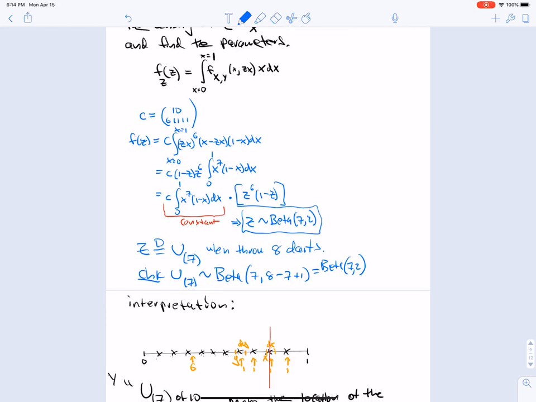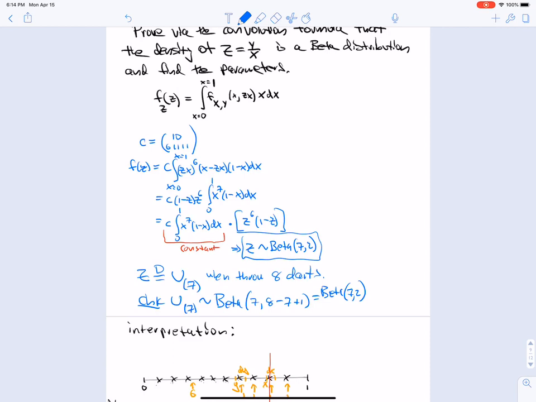We simply use our convolution formula, and we pull out the constant, pull out all the x's, and what we get is a constant times z to the 6 times (1 minus z), which we recognize as the variable part of a beta 7, 2.